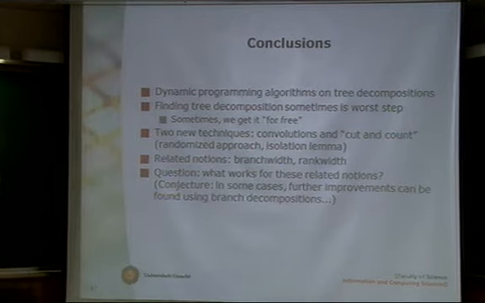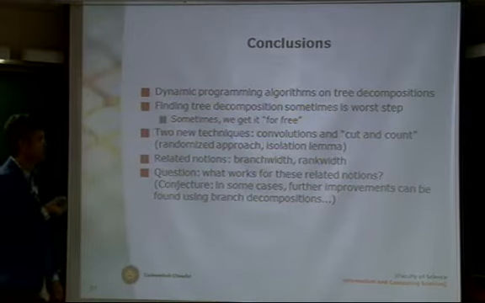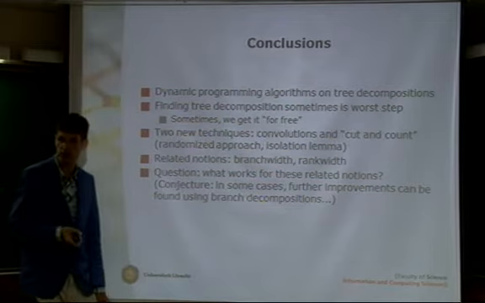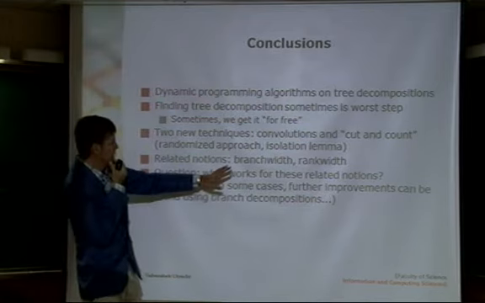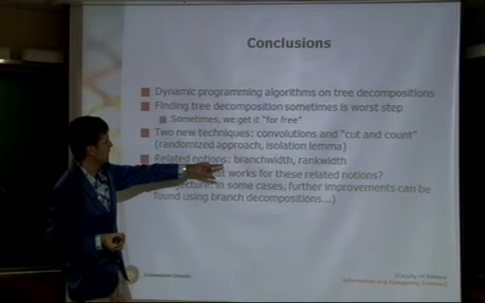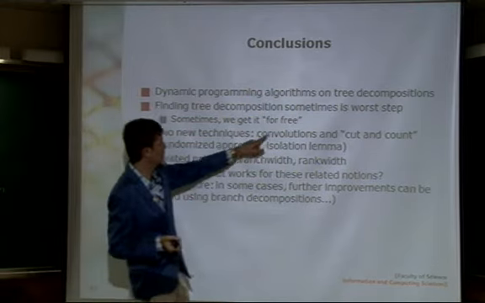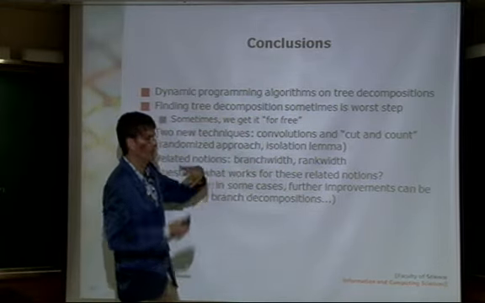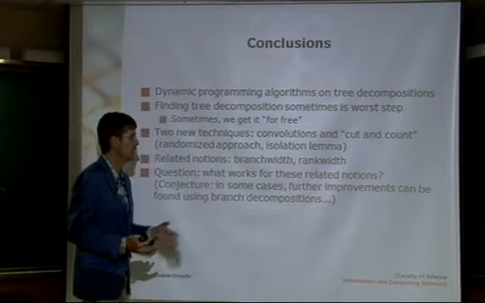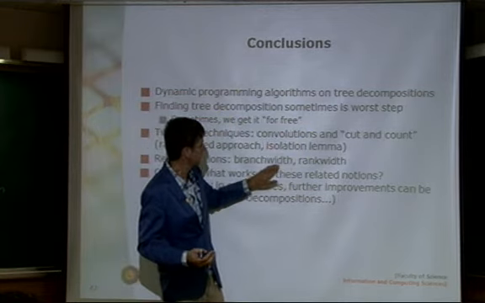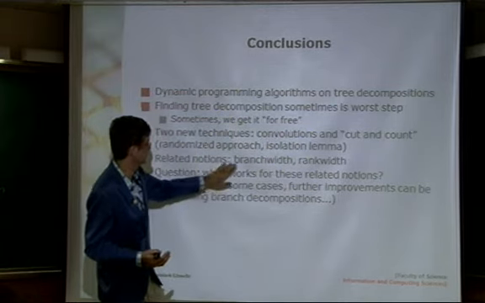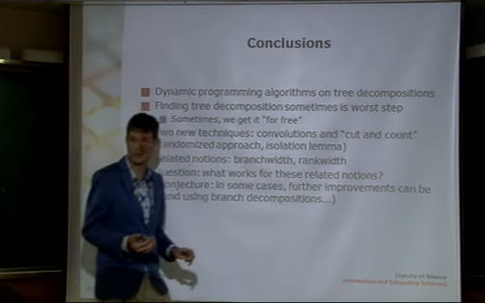Then there are related notions to tree width, which are branch width and rank width, and Sang-il knows much more about these than I do, but they are also quite cool and important. For the convolutions, we have also a paper where we generalize this technique and show that you can use it for getting faster algorithms on branch decompositions and rank decompositions.